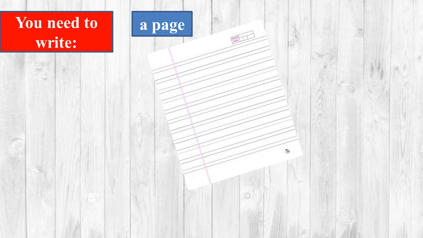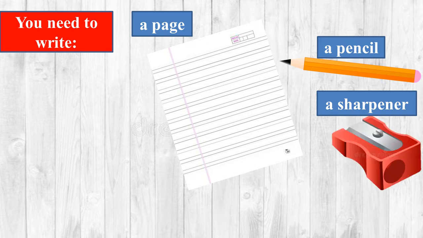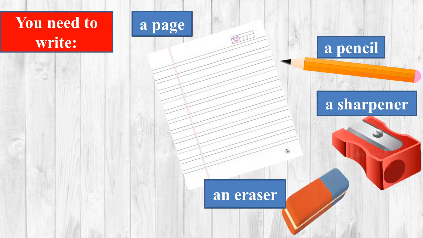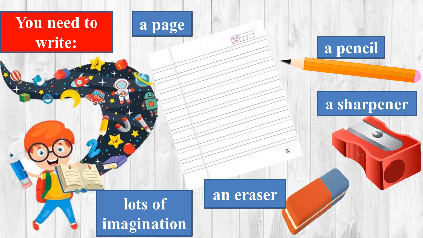Get it ready in front of you. Take out your pencil, your sharpener, your eraser, and lots of imagination. Imagination means thinking, सोचना शुरू कर दे. जो भी आपको टॉपिक मिलेगा आपने खुद से उसके बारे में सोचना शुरू कर देना है. So let's start with the work.